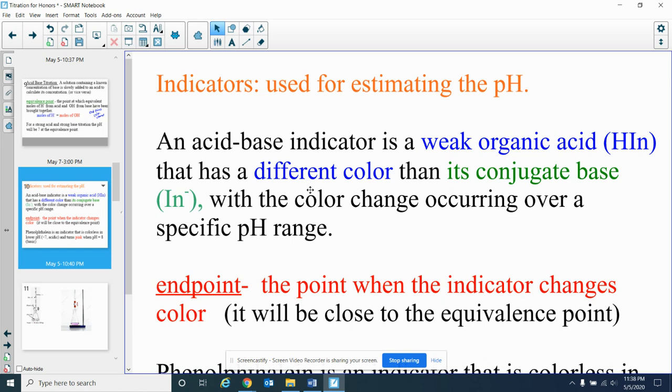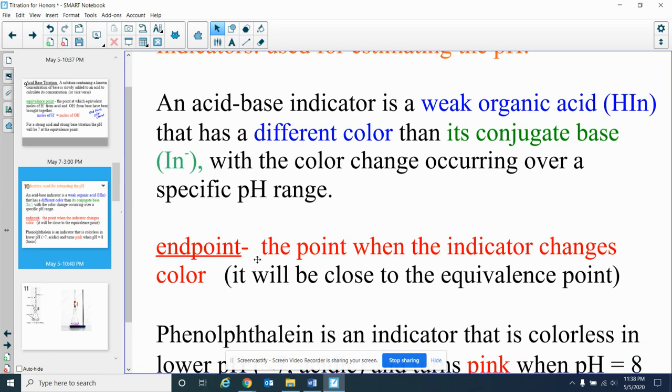When we use that in a titration, if we put it in the acid, it'll be one color. And then as we add base, when the acid-base indicator gets converted to its conjugate base, the color will change. So in titration, the endpoint is going to be the point where the indicator changes color. So we don't have to actually measure the pH. We're looking for the color change.